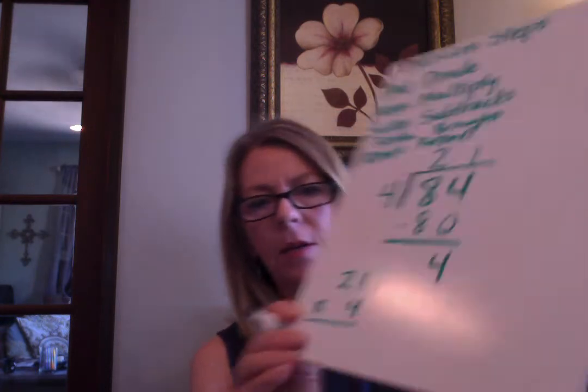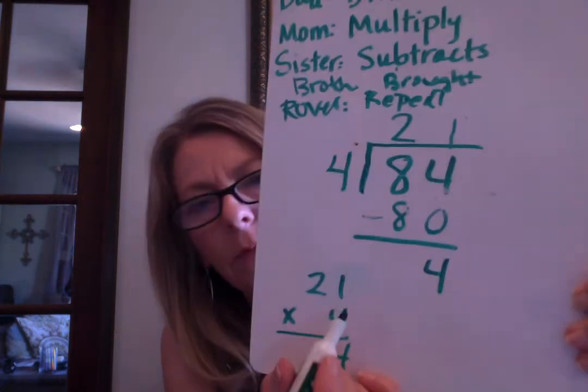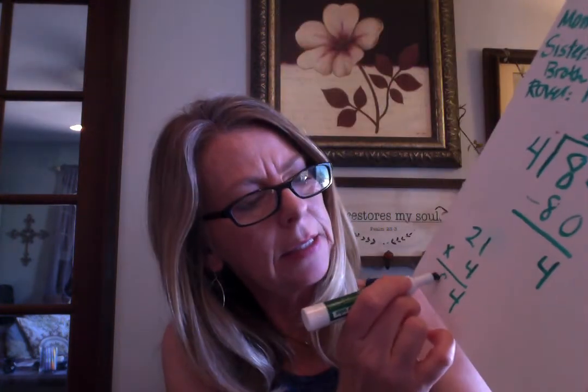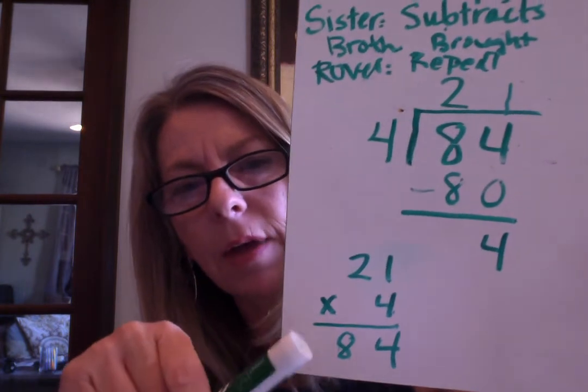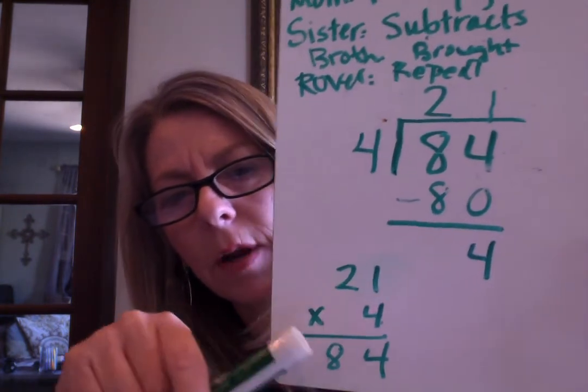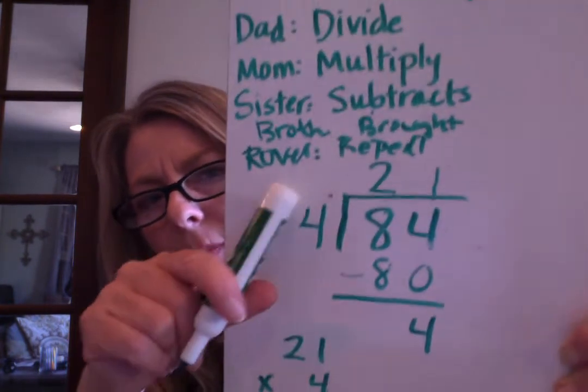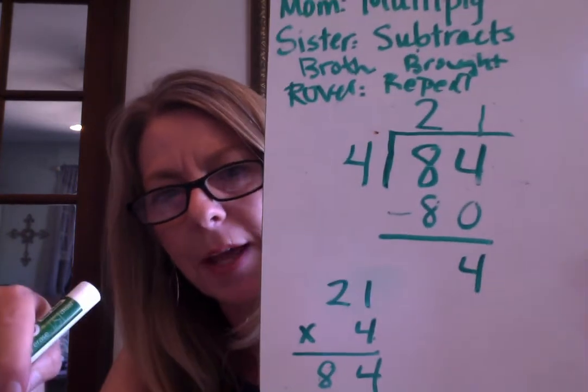Okay, so if we multiply 21, our quotient, by our divisor, we should get our dividend, okay? So 4 times 1 is 4, and 4 times 2 is 8. And there's our fact family, right? So we have 21 and 4 and 84 make a fact family. We can divide it, we can multiply it.